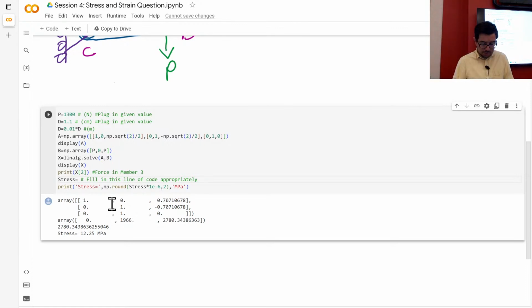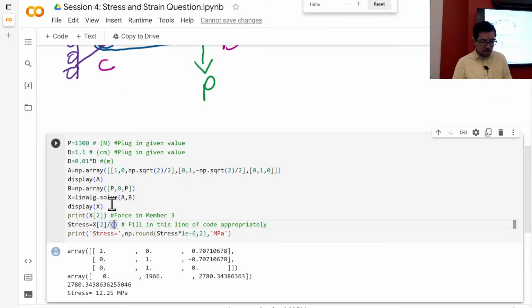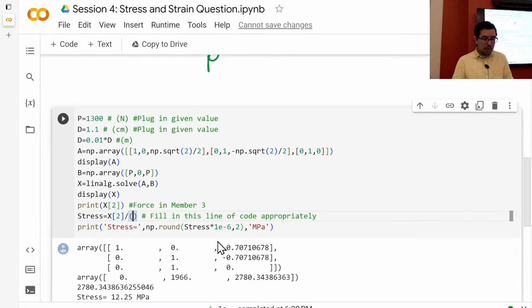So now I take the force, and I'm going to write an expression for the area, and maybe I should make it bigger so people can see. The expression for the area is going to be pi times the diameter squared. Now in Python, this doesn't work. You have to do double asterisks, and then you divide by 4, and that's it.